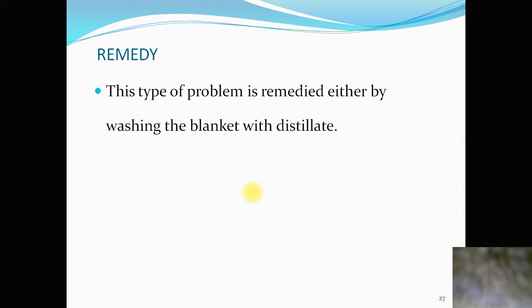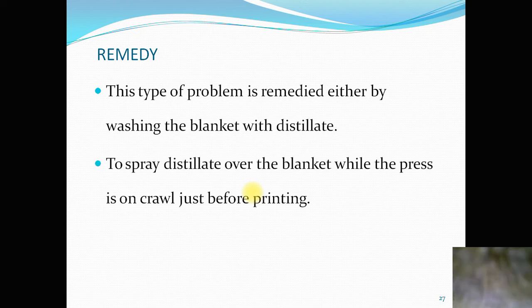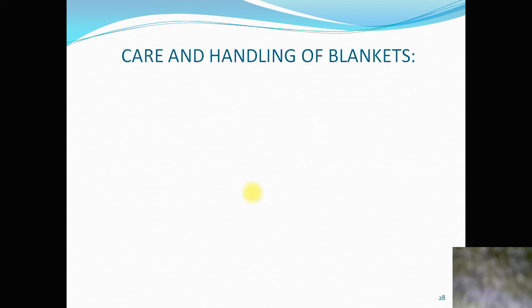What type of remedy do we have to use? This type of problem is remedied either by washing the blanket with a distillate or by spraying a distillate over the blanket while the press is on crawl just before printing.